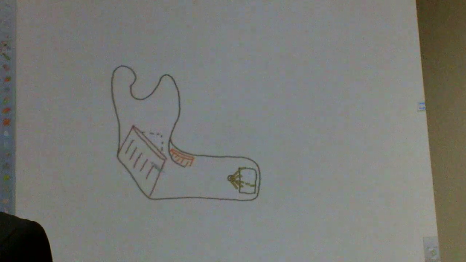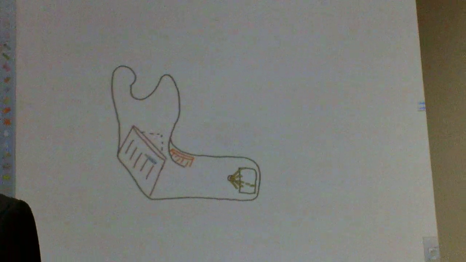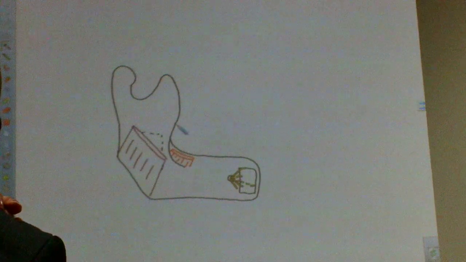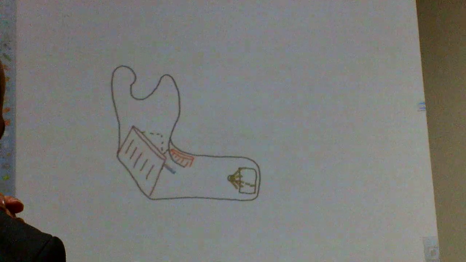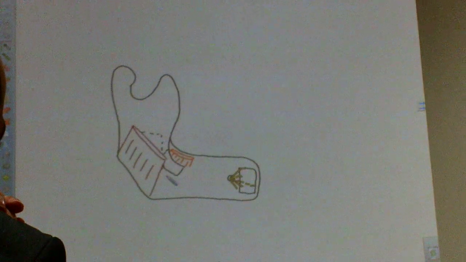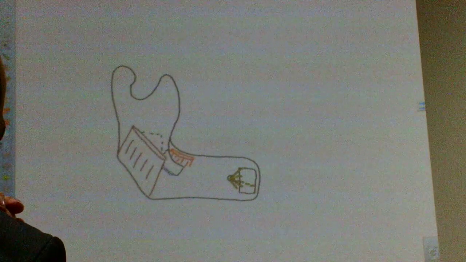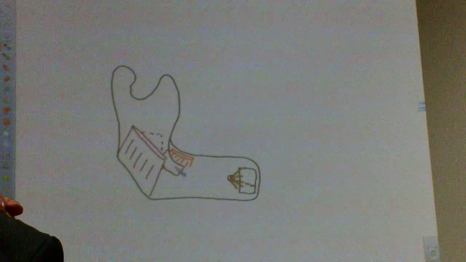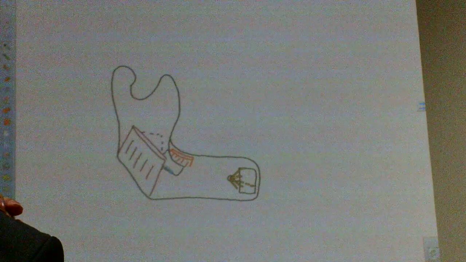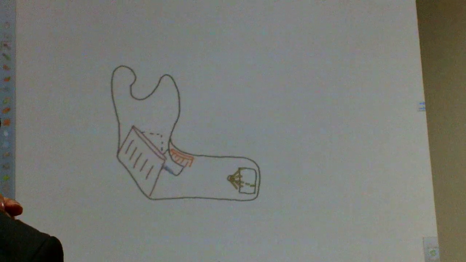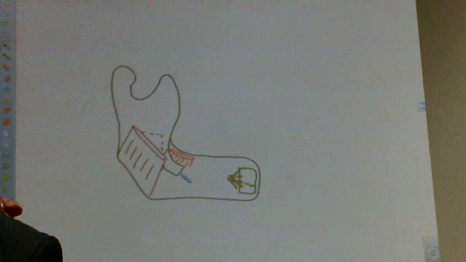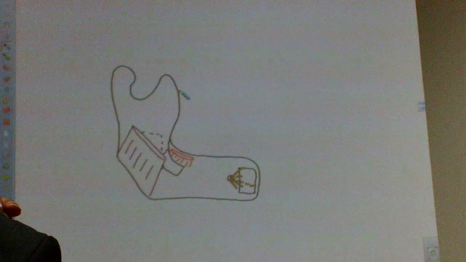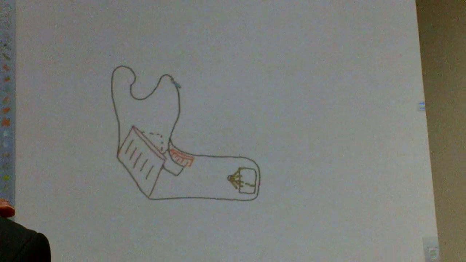This way. We will represent the superficial limit of the nasal fossa. Here, the orbit. And under the orbit, the maxillary sinus.